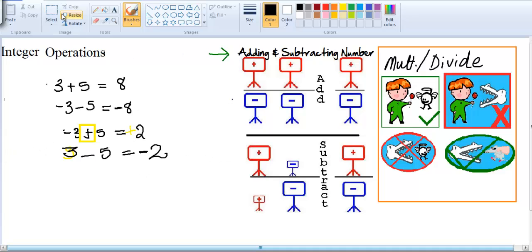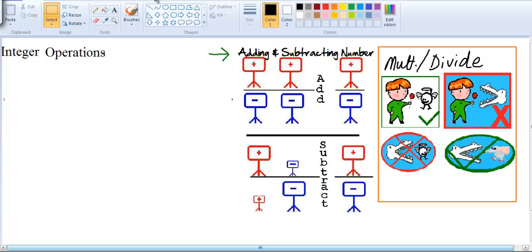Okay, what if you had something like this? Negative 3 plus 6 minus 5 plus 2 minus 3. They're all the same operations; adding and subtracting go together. So we can do this one at a time.